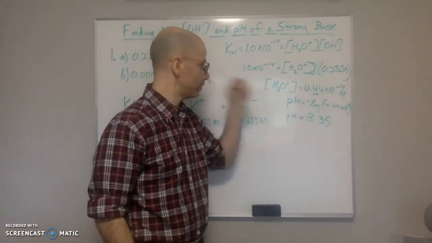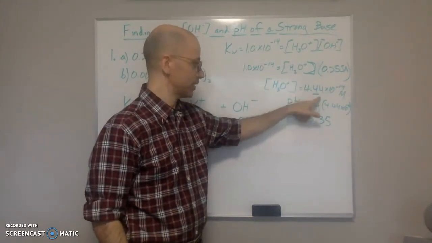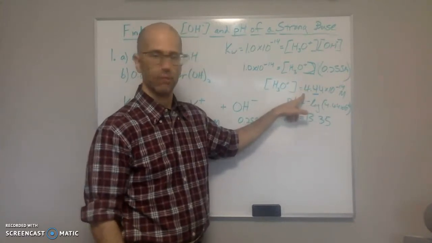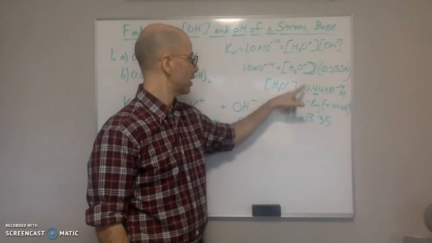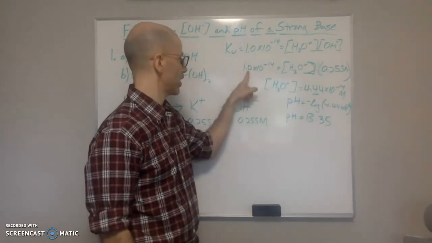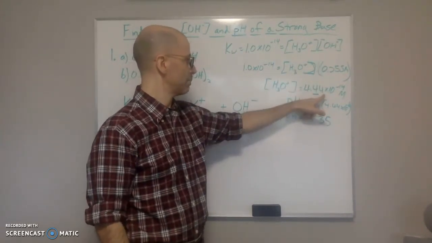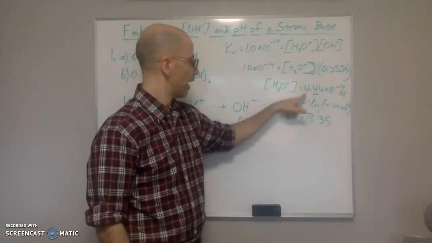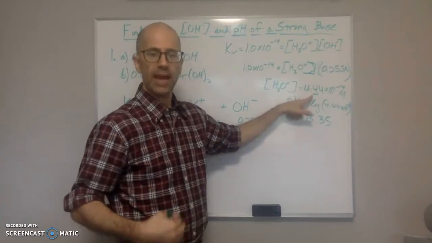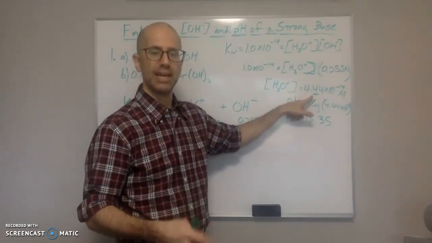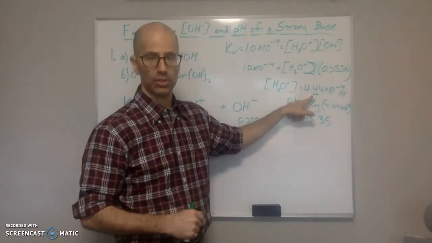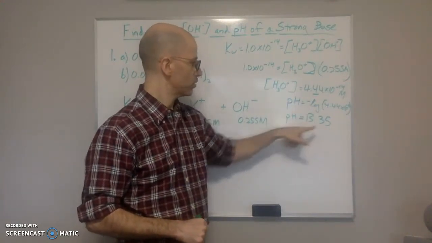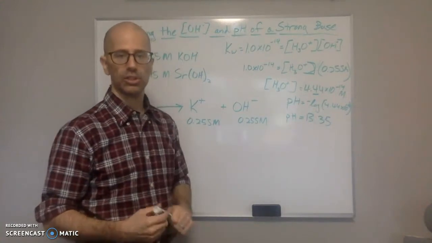So here I have 2 sig figs, because I have 3 here and I have 2 here. The least number is 2, but I keep an extra digit to avoid rounding mistakes. That translates into 2 decimal places for the answer of the log. So I have 2 decimal places here. So that's the answer. That's the pH.